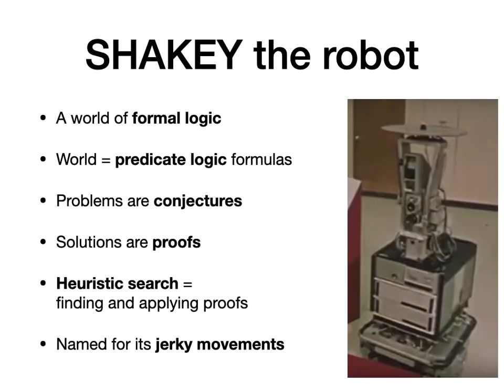Meet Shaky the robot. Shaky is a robot that takes in the environment around it into a sort of logical form. It uses formal logic to deal with its world. So the world to Shaky is all predicate logic formulas, and the problems that it's trying to solve are these conjectures, and if you recall proofs from back in geometry or any philosophy you've been working on here, the solutions to these conjectures, these problems that it must solve, are proofs.